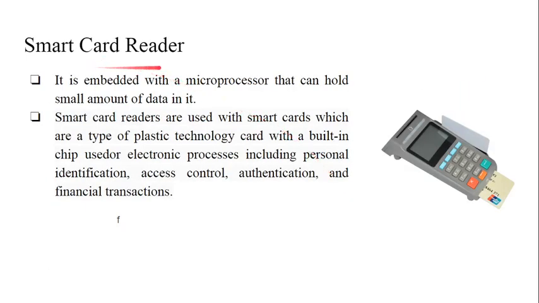Next is smart card reader. This smart card reader is embedded with a microprocessor that can hold a small amount of data. Smart card readers are used with smart cards like ATM cards, debit cards, credit cards, or identity cards, which are a type of plastic technology card with a built-in chip.